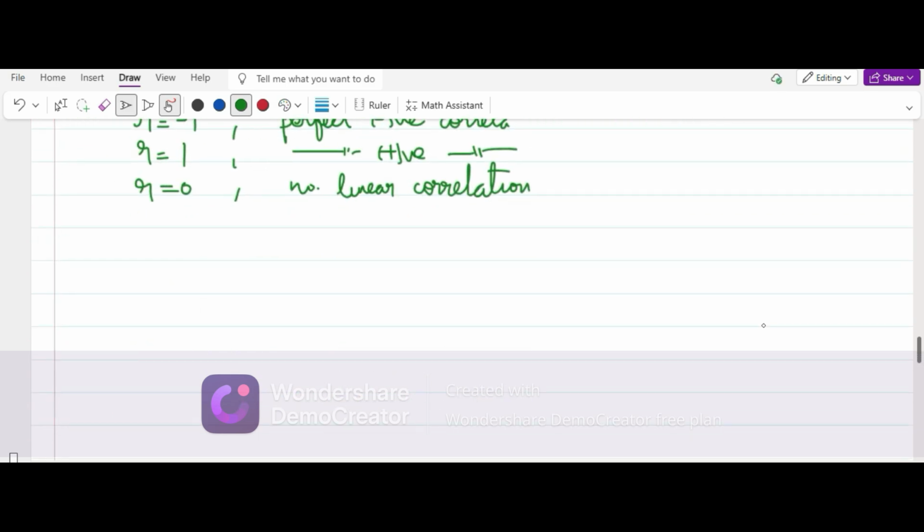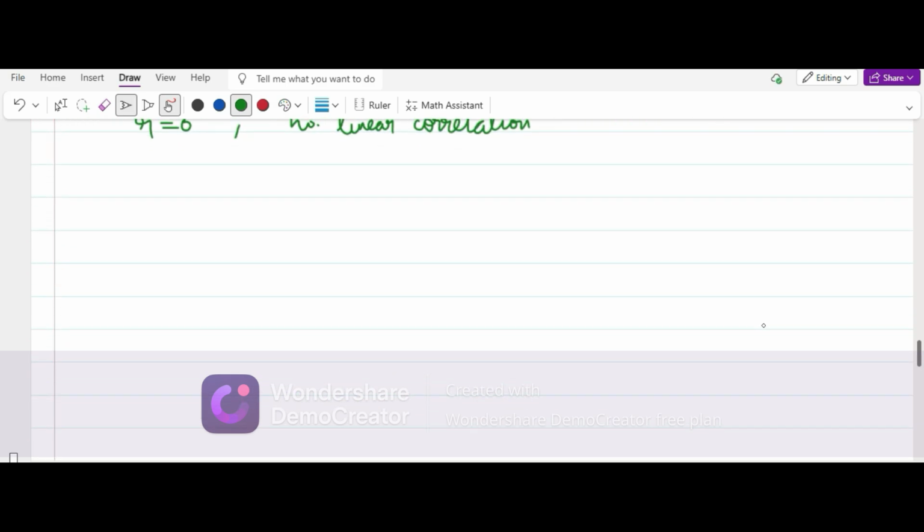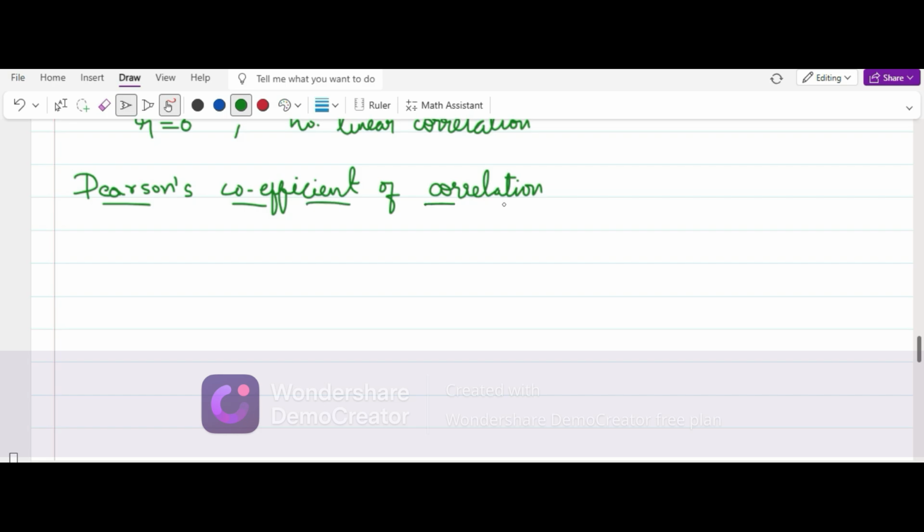Now, to calculate the coefficient of correlation, we have a formula, given by Karl Pearson's coefficient of correlation.